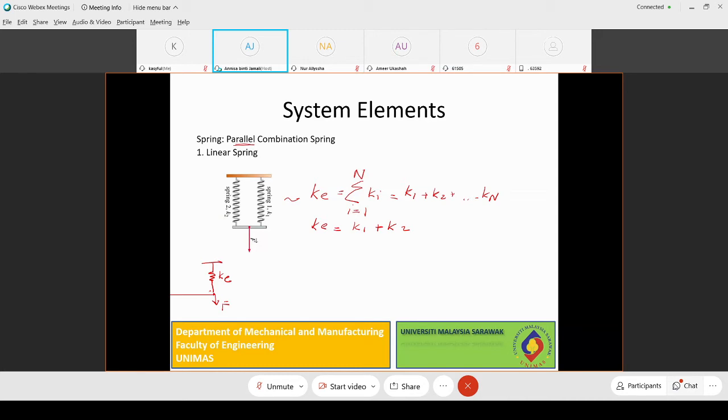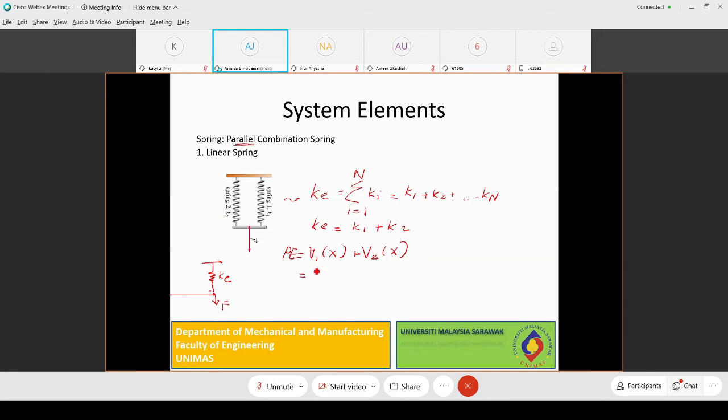Okay, how about the potential energy for the spring itself? The potential energy, PE, would be V1x plus V2x. You just combine the potential energy of each spring.